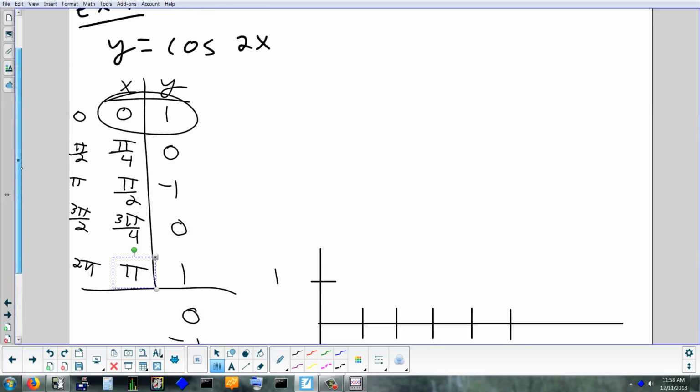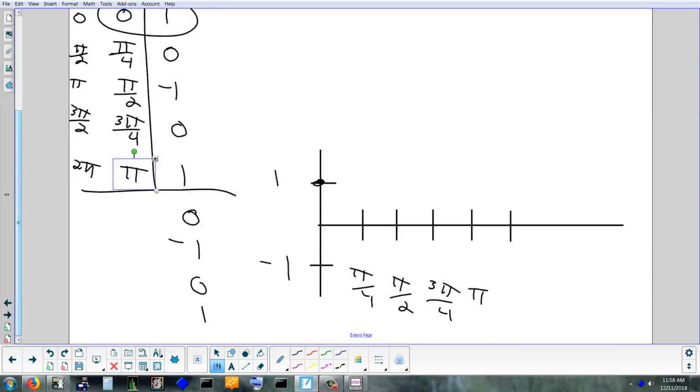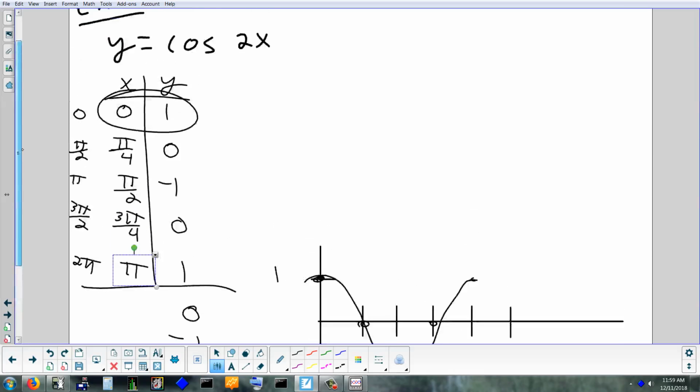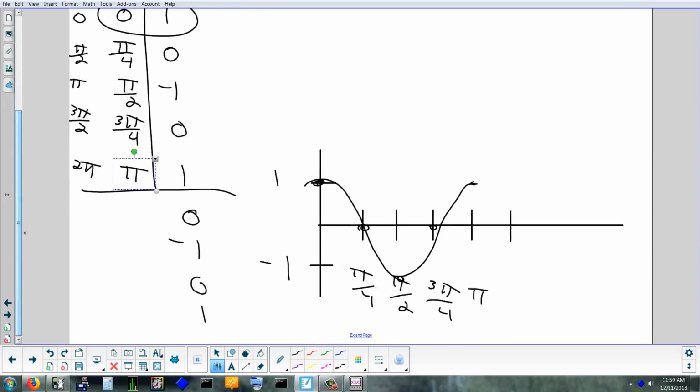So 1, 0, -1, 0, 1. It's a little off, but it's not that bad. And there's your sketch. Questions on that one?